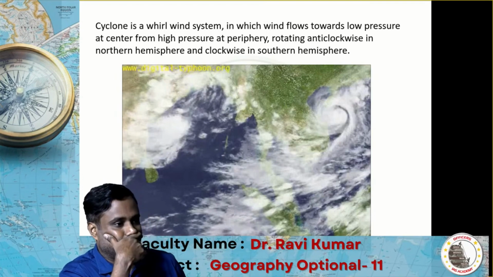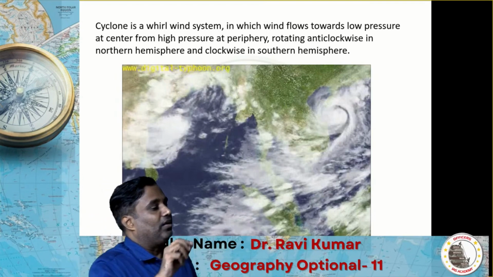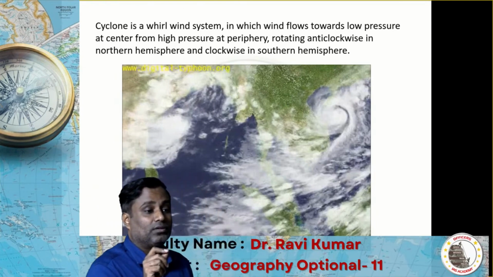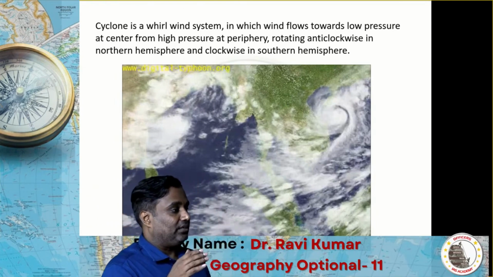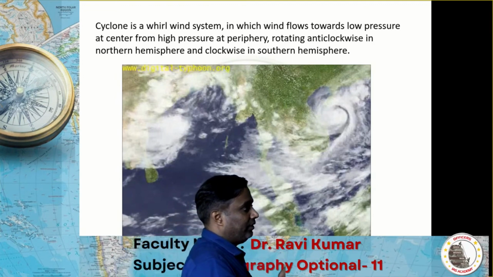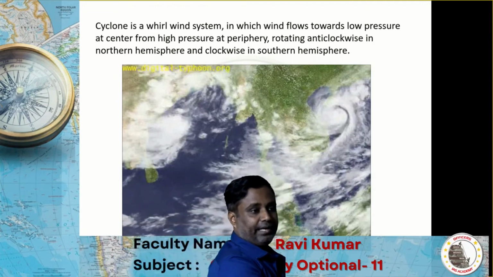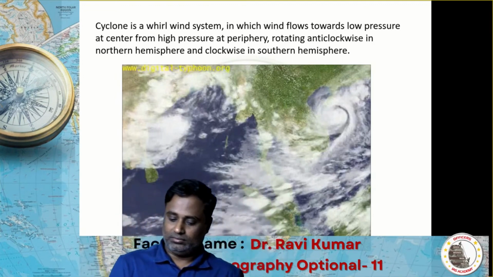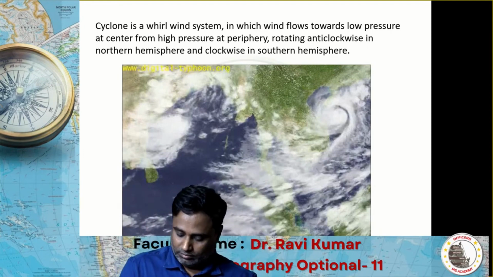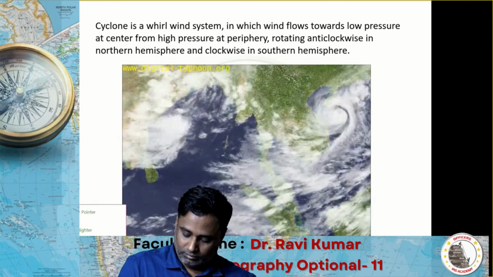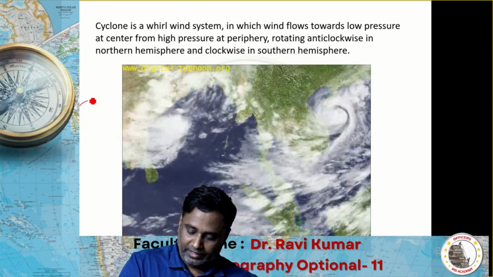Why? Coriolis effect will turn the wind towards the right direction, right hand side, like this. Turn towards the right hand side.